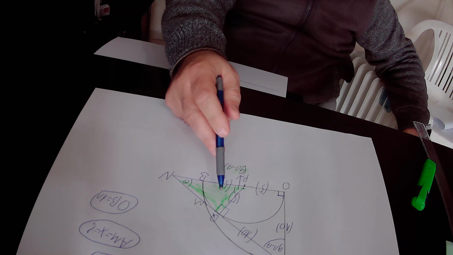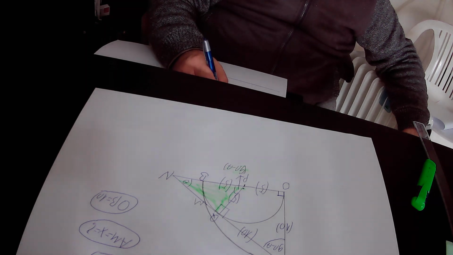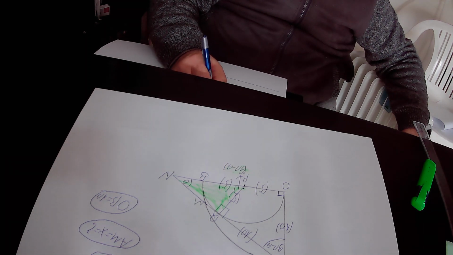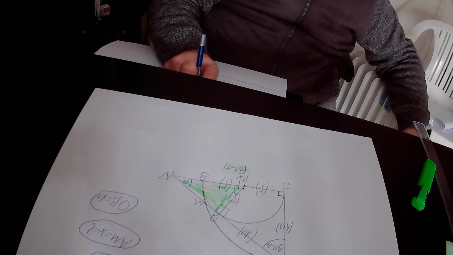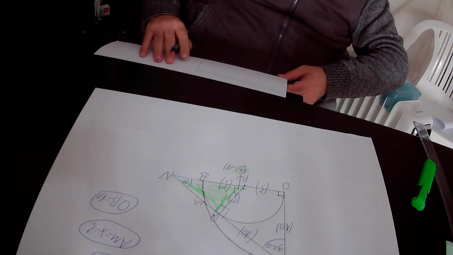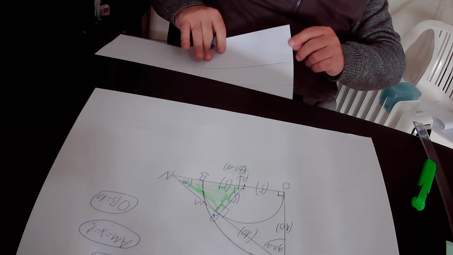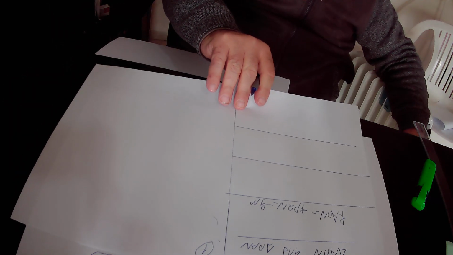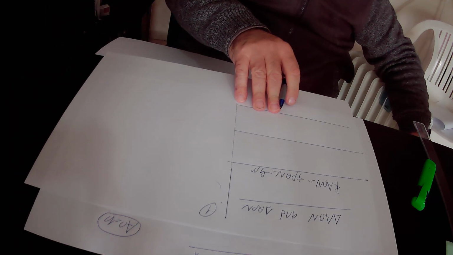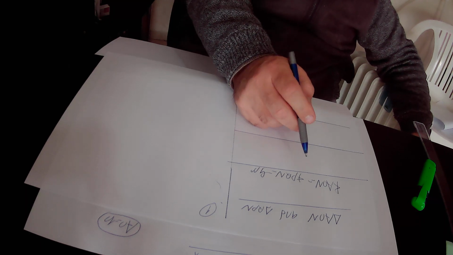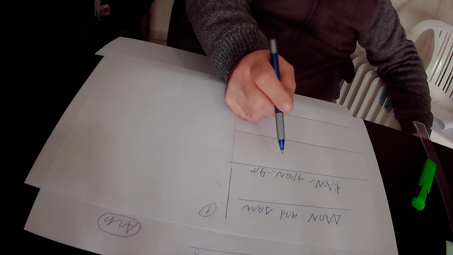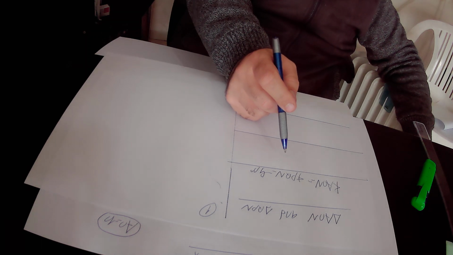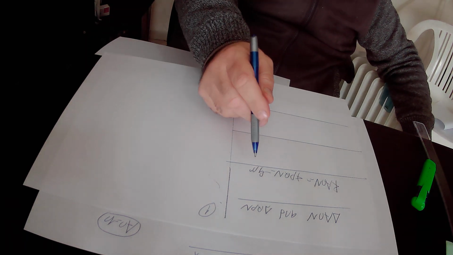This is actually angle PQN. Angle AON in the big triangle AON equals angle PQN in the green triangle. They are both equal to 90 degrees, therefore they are equal to each other.